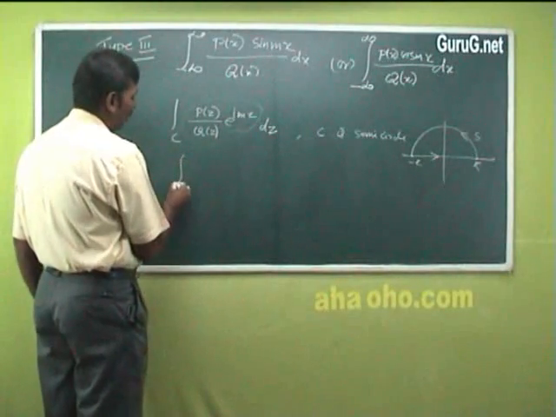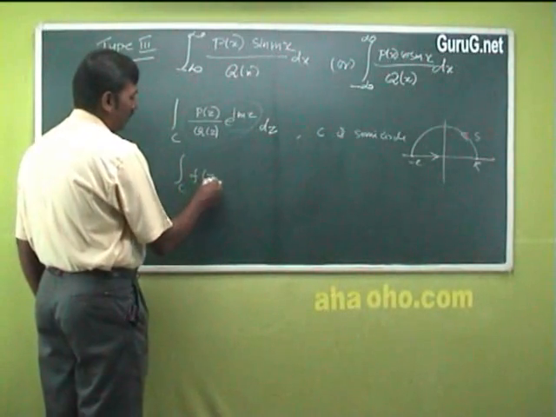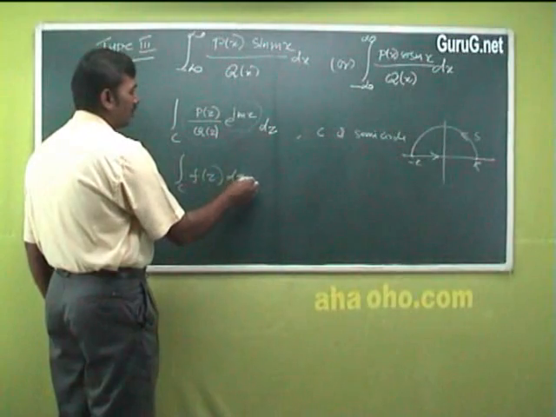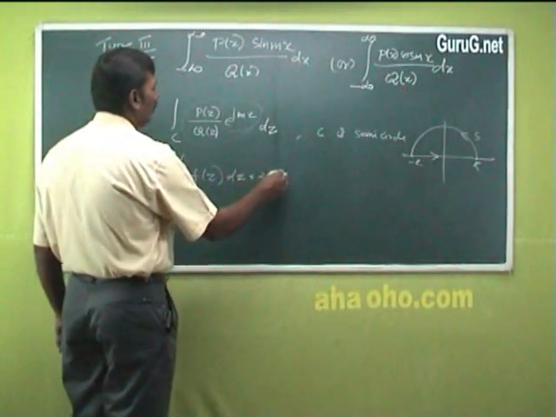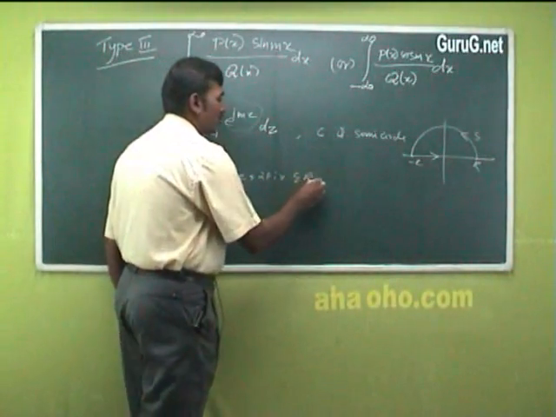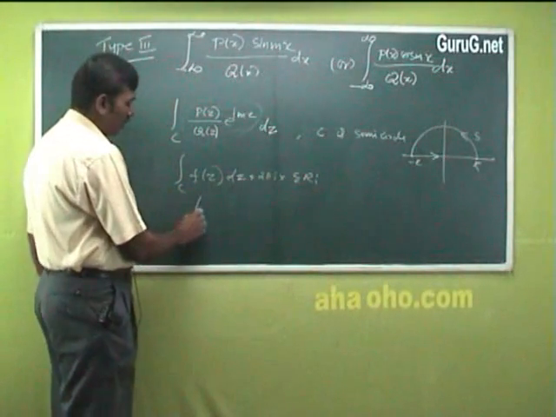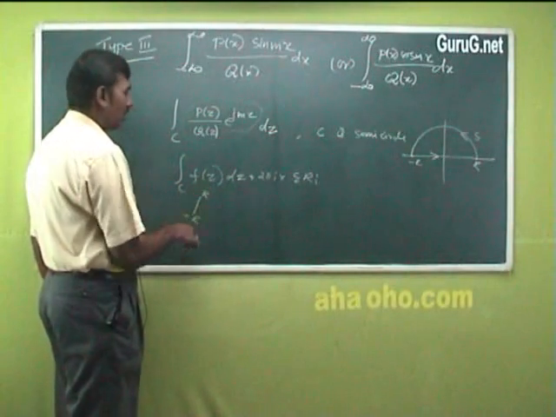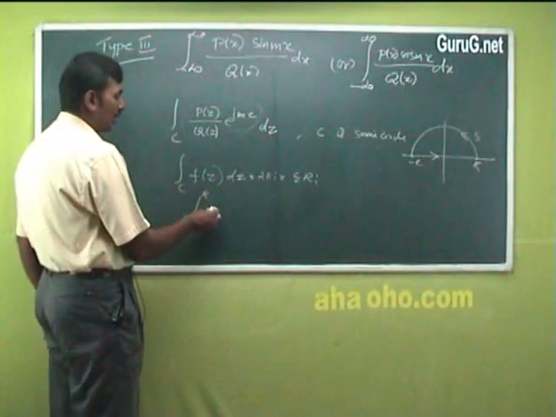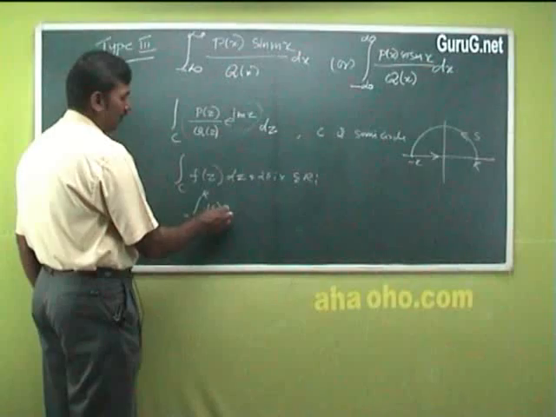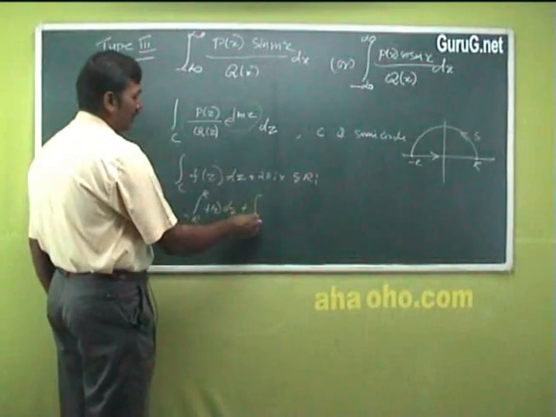Now I apply Cauchy's residue theorem. Cauchy's residue theorem is 2 pi I into the sum of the residues. And then the contour c is like this, so integral minus r to r f of z dz plus integral over s.